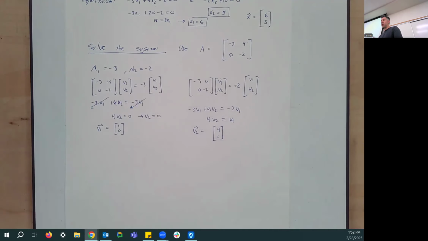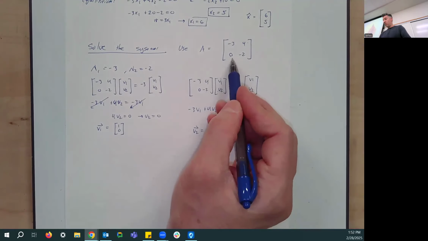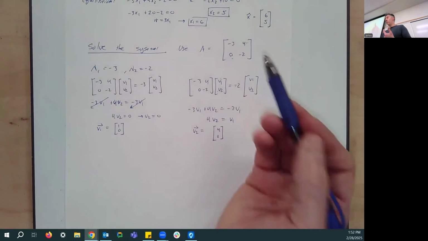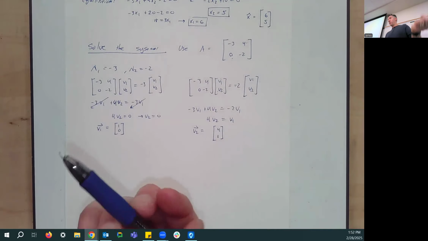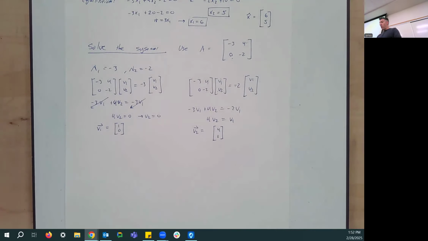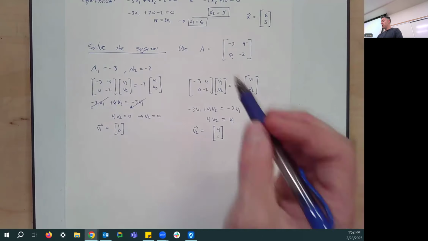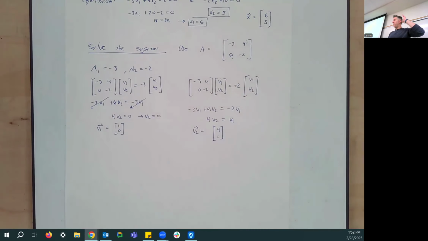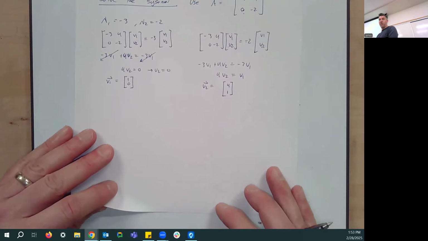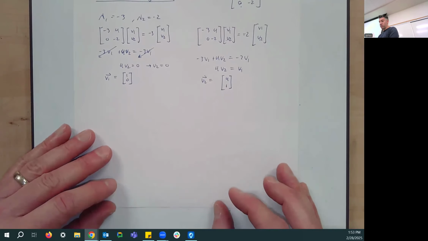So with these situations where you have a 0 here or a 0 here, one of the eigenvectors has one component 0 and the other component 1, and for the other eigenvector, one of the equations doesn't help you find it at all, and the other equation tells you what it is. So just be aware of that. If one of the equations doesn't help you, just move on to the other equation.